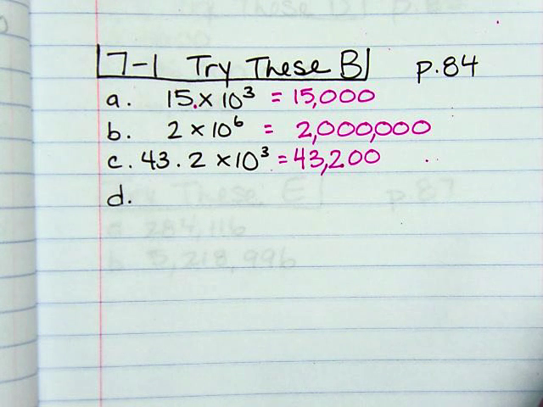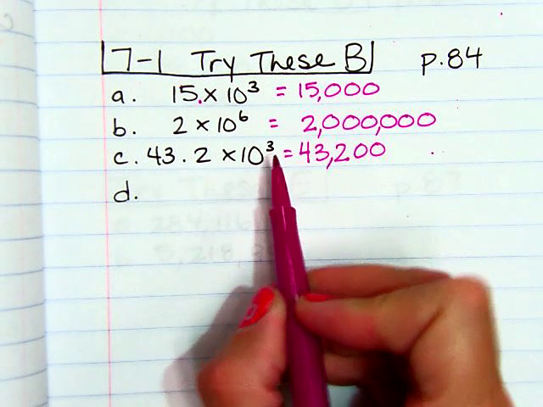Now, D says, describe any patterns you noticed in evaluating these expressions. Well, the pattern that I see is that the decimal is moving to the right the same number of times as that exponent.